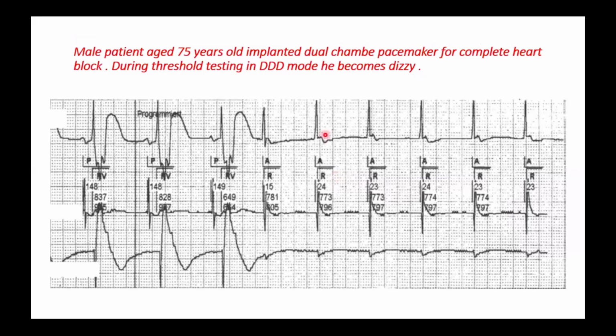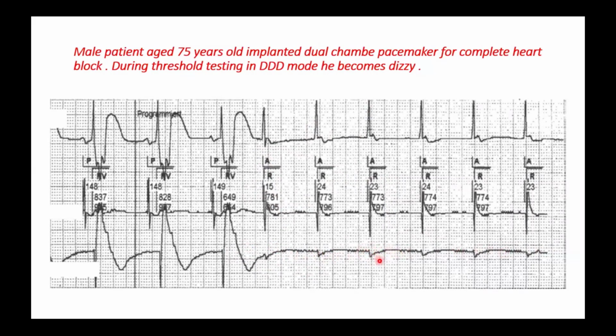So this is crosstalk, the ventricular channel sensing the atrial pacing spike. So it reacts as V sensing. Here you can notice that there is no depolarization on the ventricular EGM.